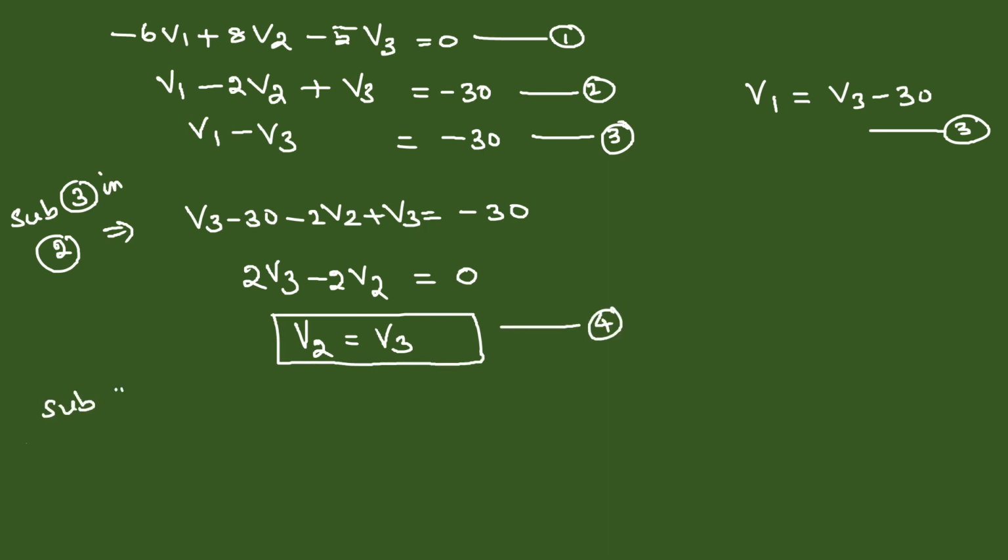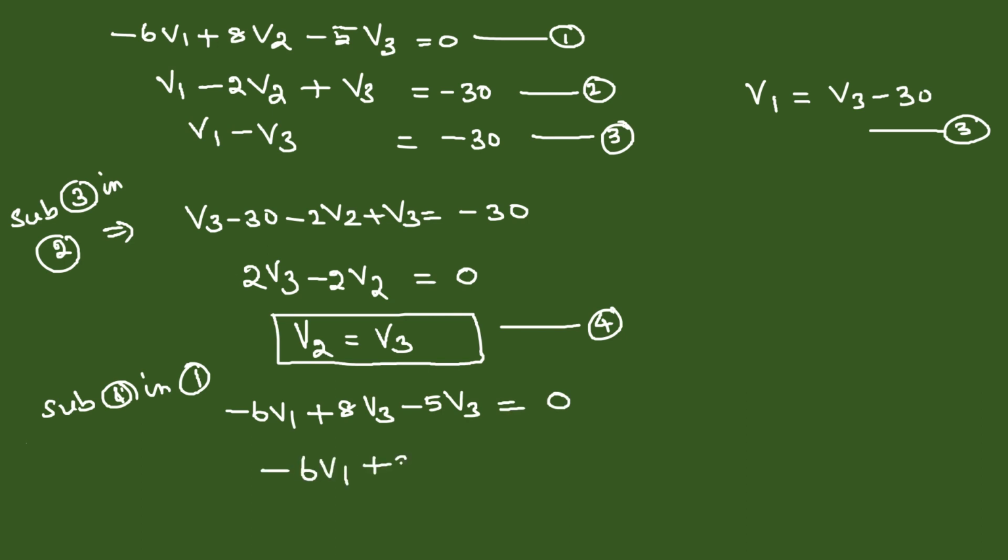So substitute this fourth equation in the first equation. You can write this as minus 6V1 plus 8V3 minus 5V3, that is equal to 0. So it is minus 6V1 plus 3V3 equal to 0. This is equation number 5.